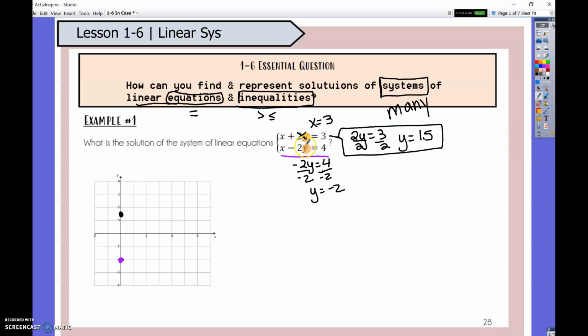And down here, if this part was gone, I'd have x equals 4. These give me my x-intercept. So x equals 3 was the first one. I would connect this line here. And on the second one, which I'm graphing in purple, I would have x equals 4, and graph that, and I would connect that line.